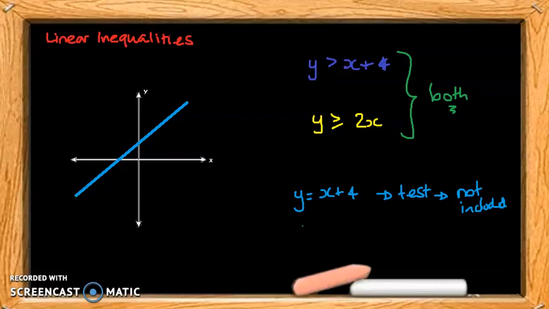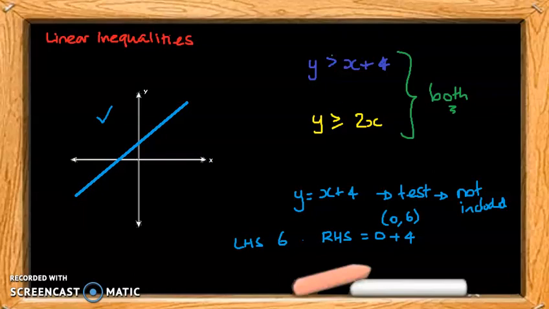Let's imagine I'm testing a point at 0 and 6. If this point is in the area, then 6 is my left-hand side, which is y. My right-hand side will be 0 plus 4. Now, for my rule to exist, 6 must be greater than 0 plus 4. 6 is greater than 0 plus 4. So therefore, this is the area that we can call our blue area.